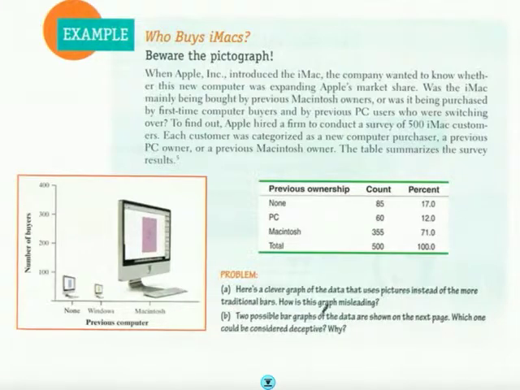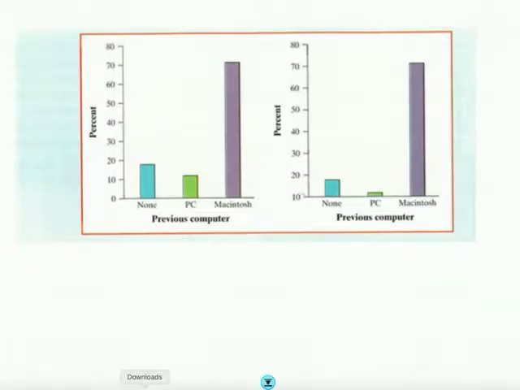Part B says, two possible bar graphs of the data are shown on the next page. Which one would be considered deceptive and why? So if you're looking at this, what is deceptive is that the bar graph on the right is super misleading, by starting the vertical scale at 10 instead of 0.